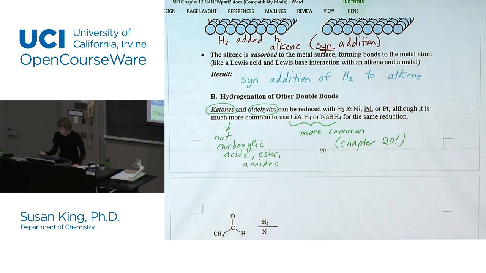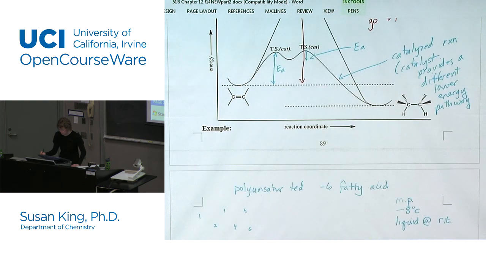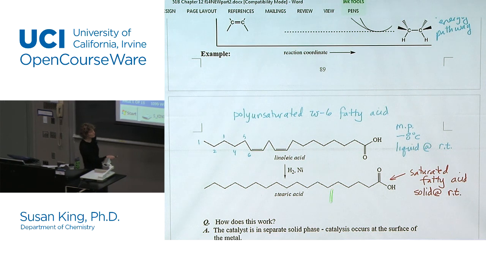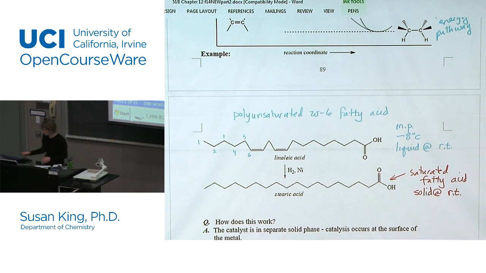And we can prove that because we just did it right at the top here, didn't we? Let's go back here. When we hydrogenated this polyunsaturated omega-6 fatty acid, we reduced the alkenes. We did not touch the carboxylic acid, right? This will not work for carboxylic acids, so that makes a good point there.